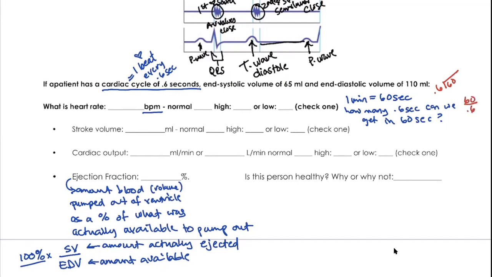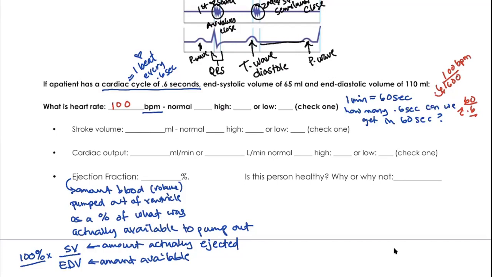Because if we have a heartbeat every 0.6 and it's 60 seconds in a minute, how many cardiac cycles are we getting? You move the decimal place over and add a 0. And 6 goes into 6 one time and then 0, 0. So you have 100 beats per minute. So the answer is heart rate's 100 beats per minute.